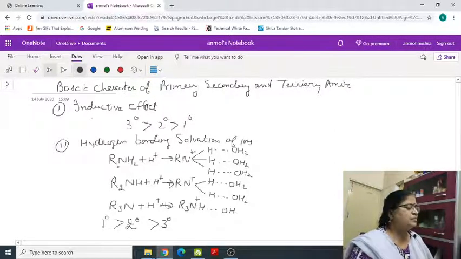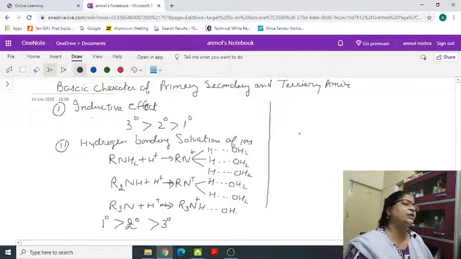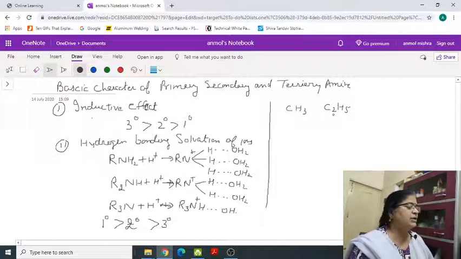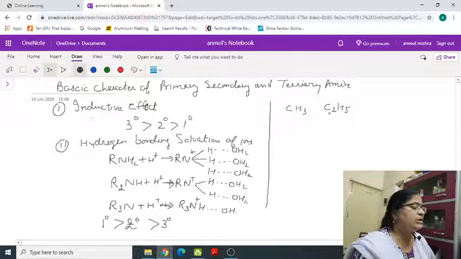Therefore, again, if you change the alkyl group, for example, methyl group and ethyl group, again, if methyl group is replaced by ethyl group, steric hindrance will come into existence, and therefore the order of basicity will change.